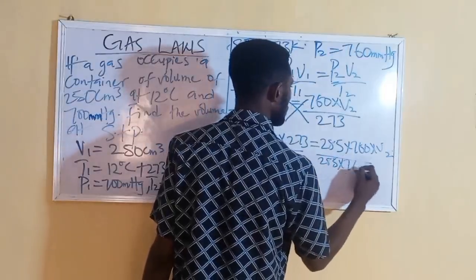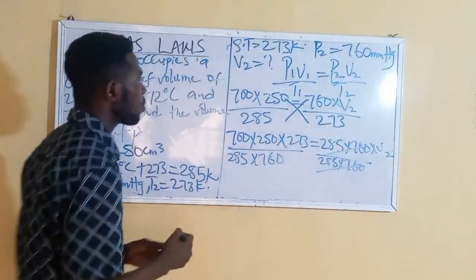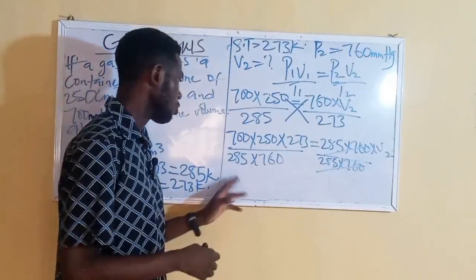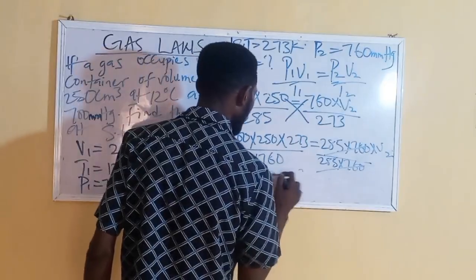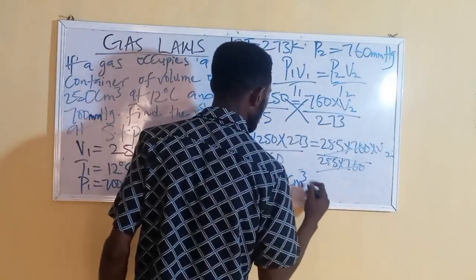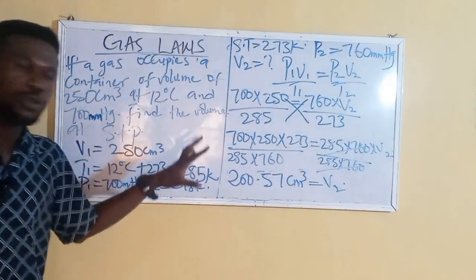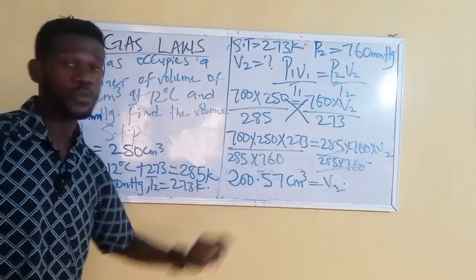When this cancels out, the answer you're going to have is 200.57 cm³. This is the value you get for the new volume.